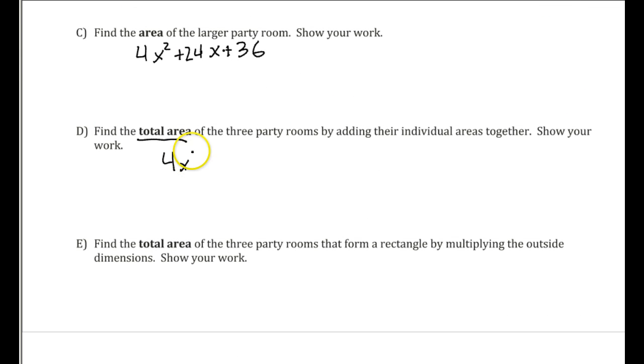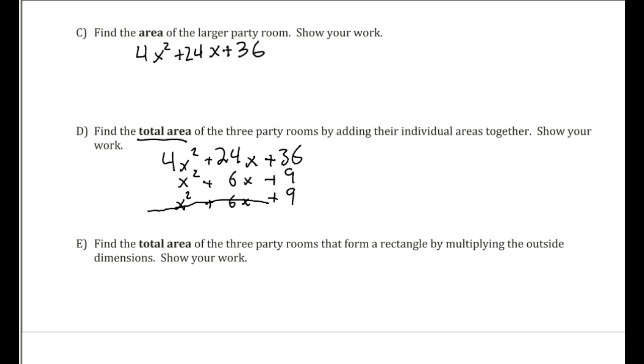We have the answer from right above, that's the big room. And then the small rooms, which is given in the original question, and there's two of them. So I got the big room plus the small room plus the small room, and those areas should add up to this. Good. So there's our area.